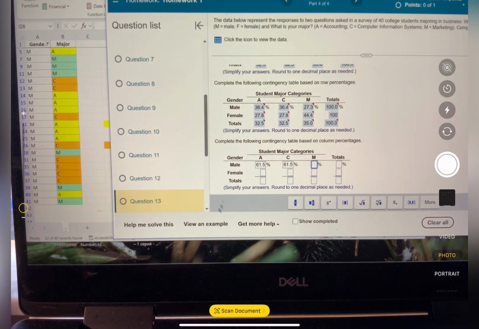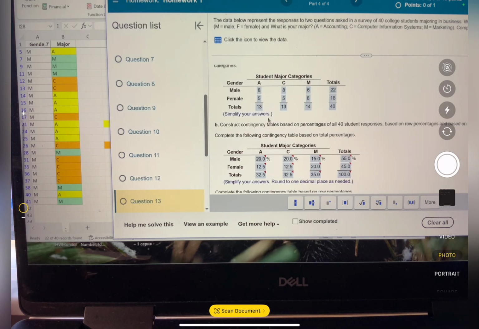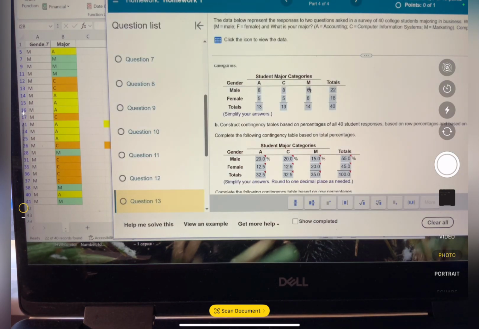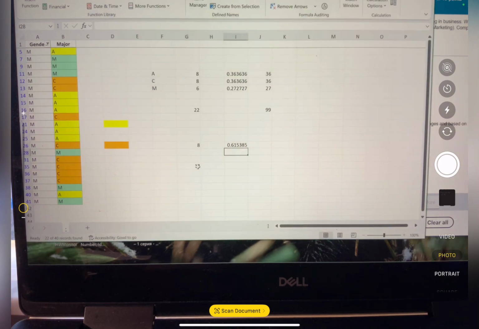Marketing is going to be, well, the other way you can count easily since total has to be 100. Oh yeah, this is 61, 61. 13, 6 over 14. Okay, yeah, this is going to be 6 over 14. This is 6. So 6 divided by 14, 46.1.